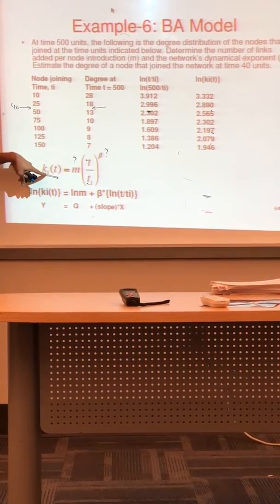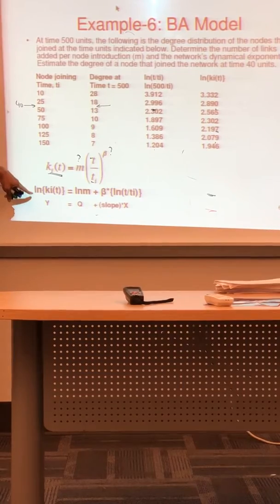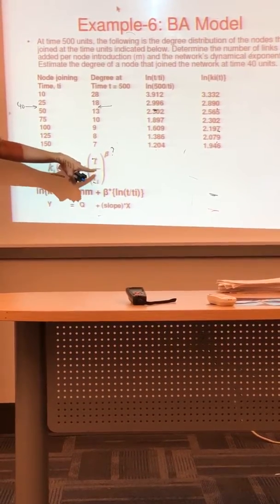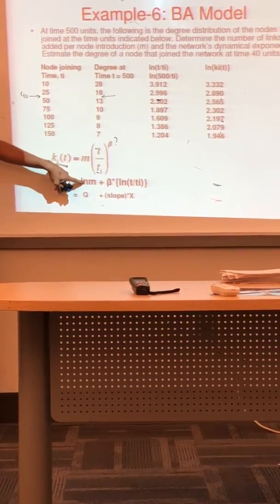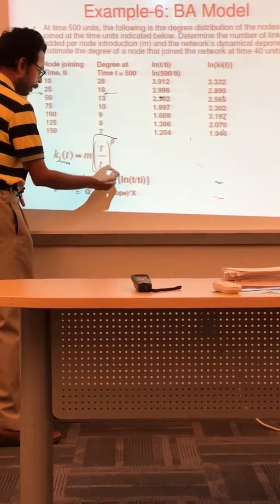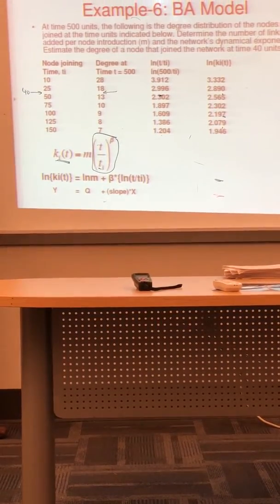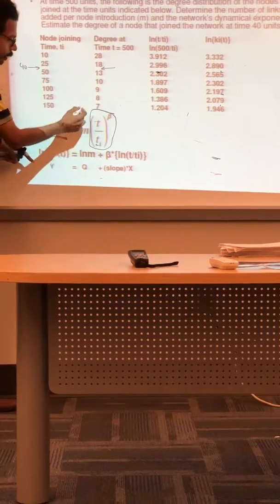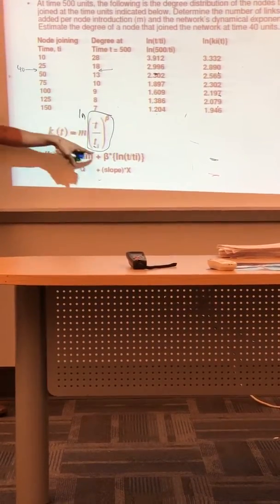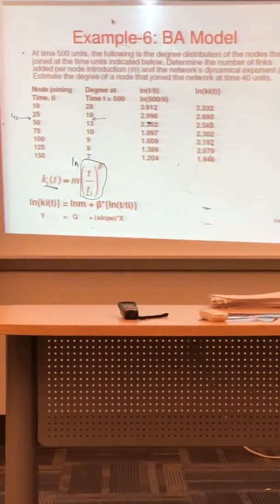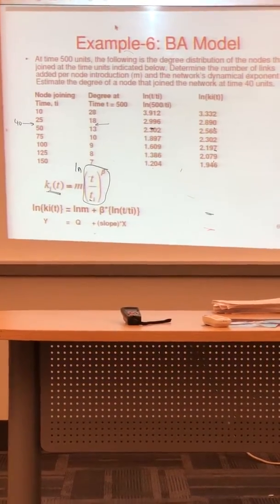So if I take logarithm on both sides, log Ki of t is, this is like what? A times b. So this is log m plus logarithm of this whole thing. The beta can come before, times log of t over ti. We did something like that before too.